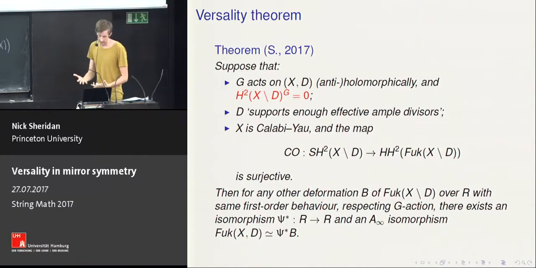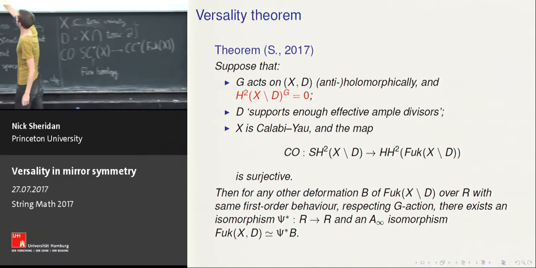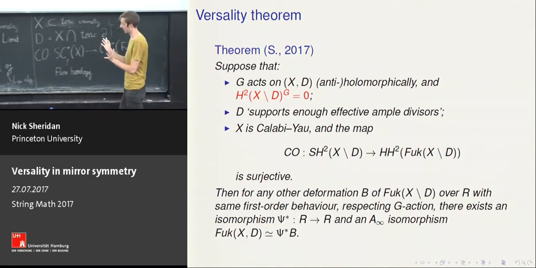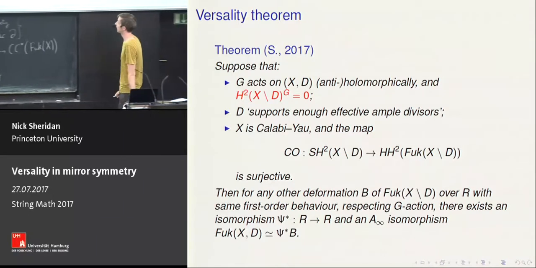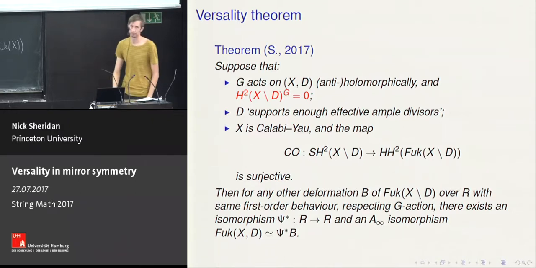So what this says is, if we have proved homological mirror symmetry at the large volume limit / large complex structure limit, and if we can check that the first order behaviors of our categories match up, and we have this group action in the picture, then we automatically get a mirror map between a neighborhood of the large volume limit and a neighborhood of the large complex structure limit that make homological mirror symmetry work.